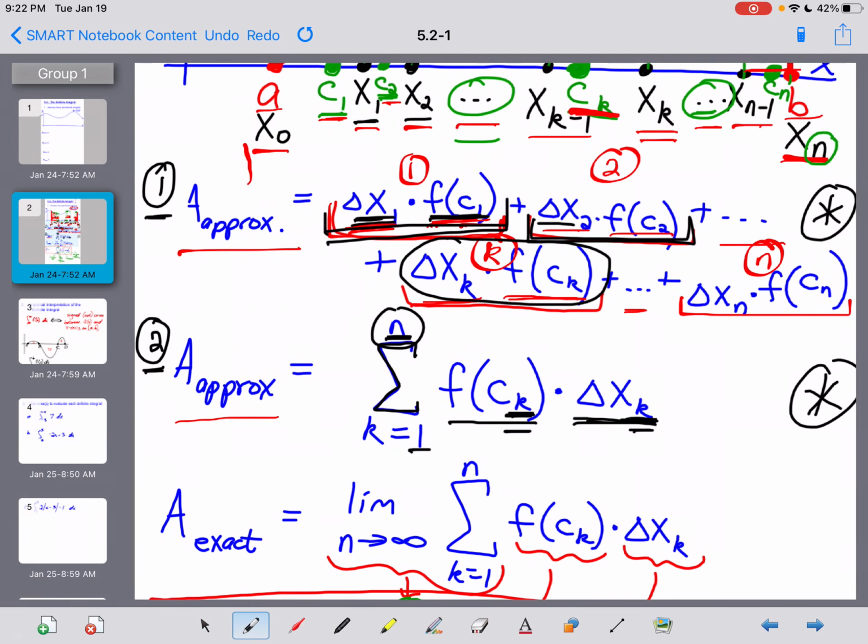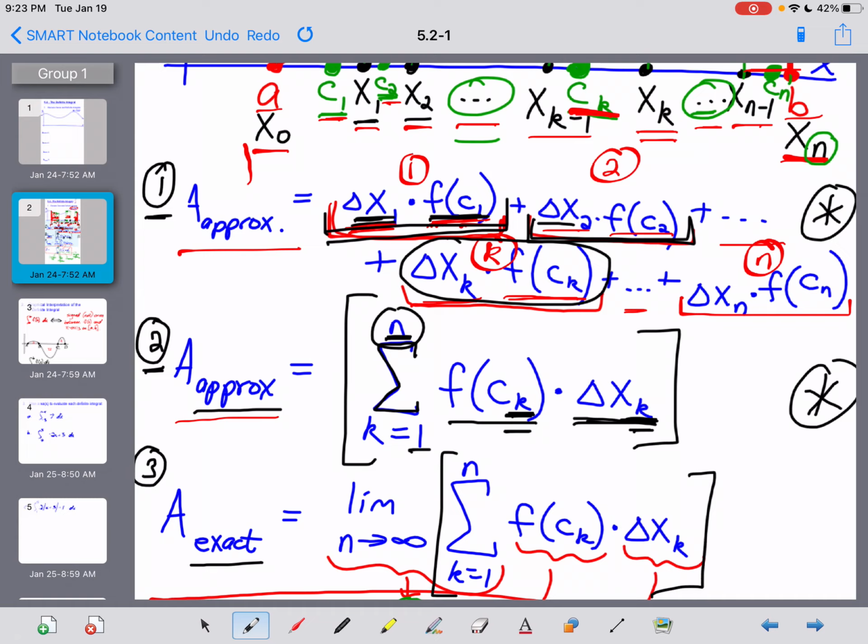And so, ladies and gentlemen, we're going to move on to what I'm going to call line 3, and I want you to notice a big change. We are now saying that this formula, which was an approximation for the area, will actually get us the exact area underneath the curve if we take this exact same expression and apply one little mathematical trick out in front of it, and that would be, everybody, a limit as n approaches infinity.